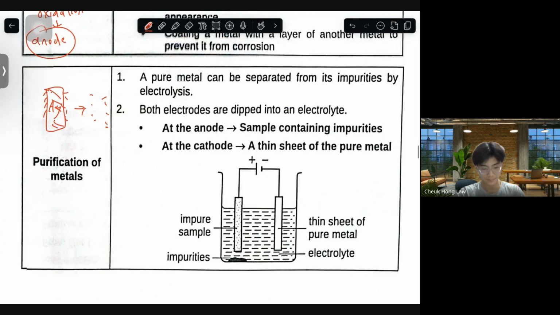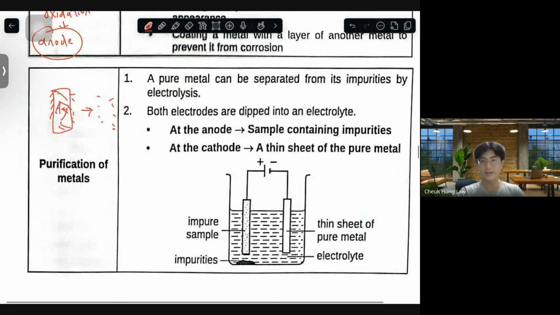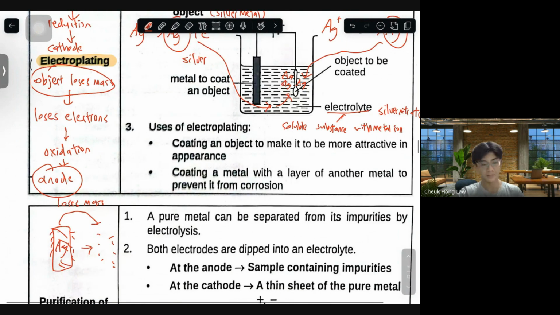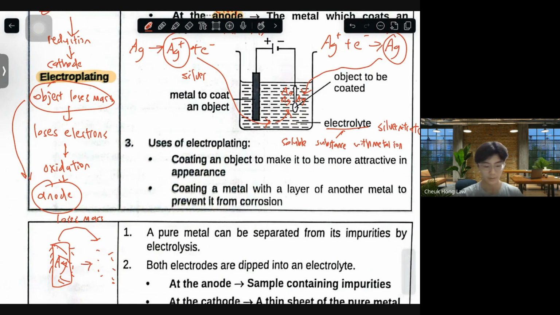So let's look. That gives you a clue already whether this sample with impurities is the anode or the cathode. I just told you that you remove the metal, right? So that loses mass. The whole thing will be lost. So if it loses mass, it is the anode.